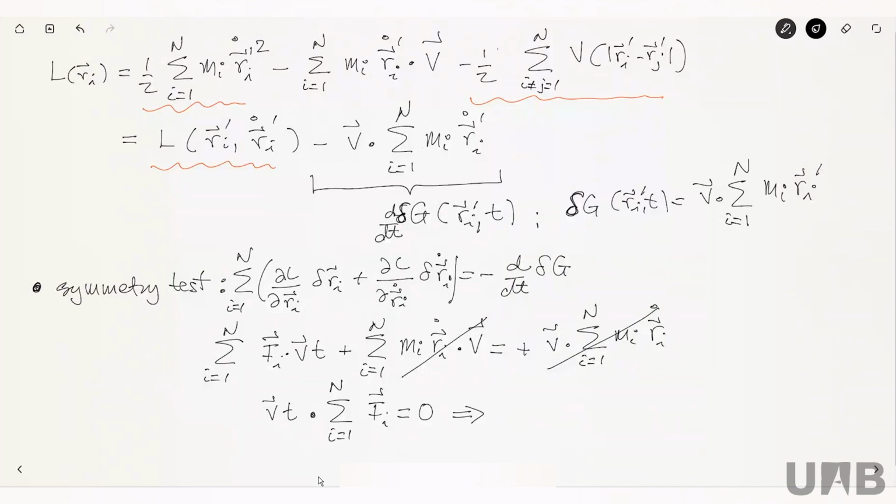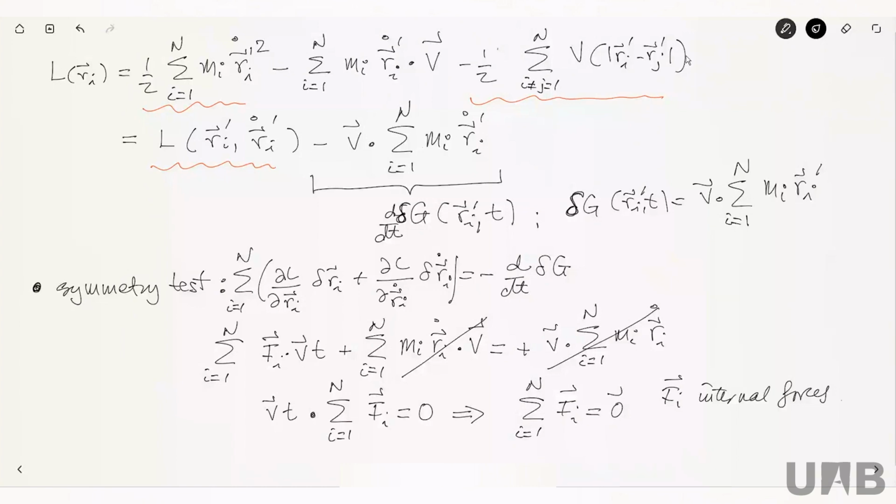Because these F's are the internal forces of the system and they must cancel out. Absolutely. Yes. Very good. The sum from i equals 1 up to n of Fi has to be 0 because these Fi are internal forces. And we know that the sum of all the internal forces in a system cancel out. If you don't believe me, just take the derivative with respect to r of this potential, and you will see how when you sum, you get 0. But we know that had to happen.